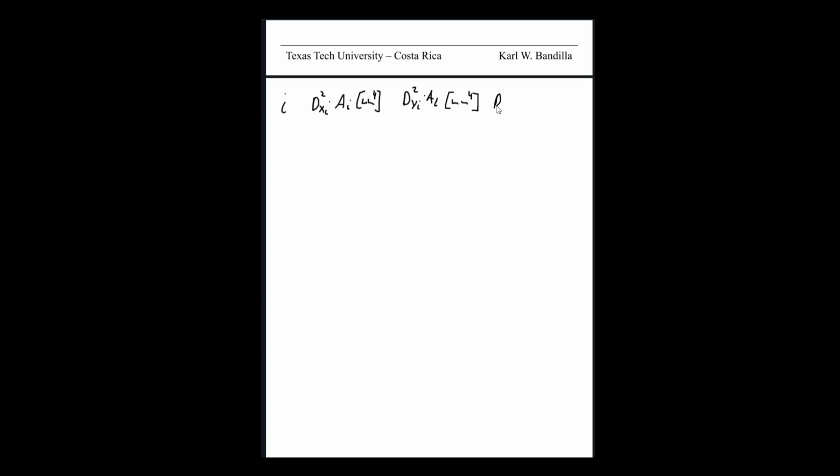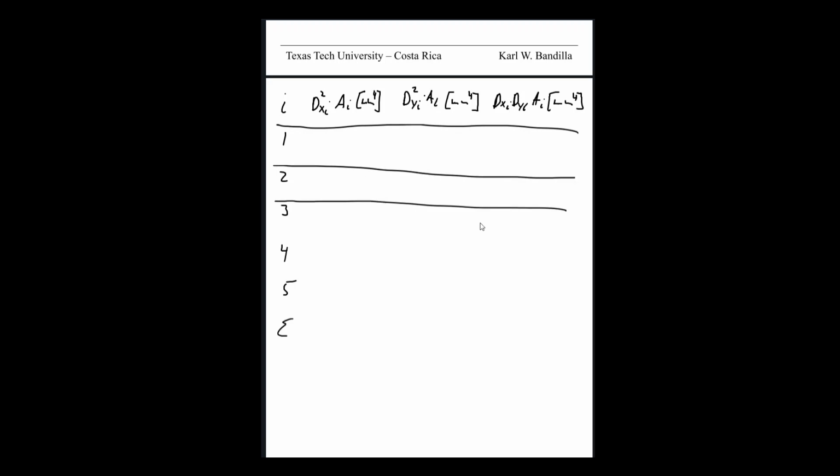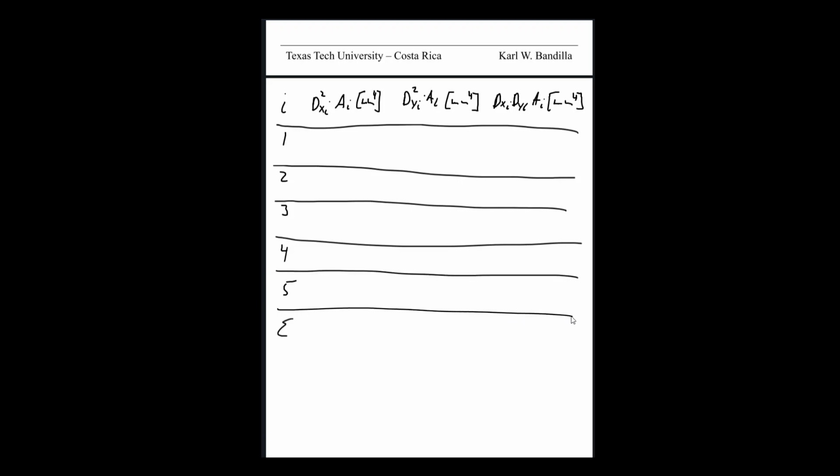And we'll have dxi dyi times ai, in millimeter to the 4. And 1, 2, 3, 4, 5. Oops, that doesn't look like a sum. Make a little table.